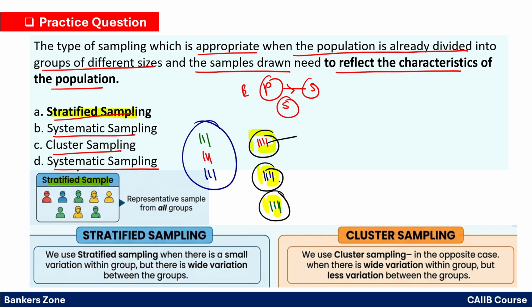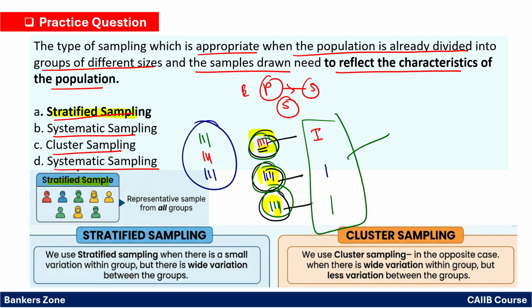This is the red, blue and green, right? See, items within the strata are identical, all are red. So we select, for example, the red, the blue, and the green. So this will be the part of the sample now, right? That means the items within the strata are homogeneous in nature, right? So when we want the same replica of the population as a sample, we have to follow stratified sampling.